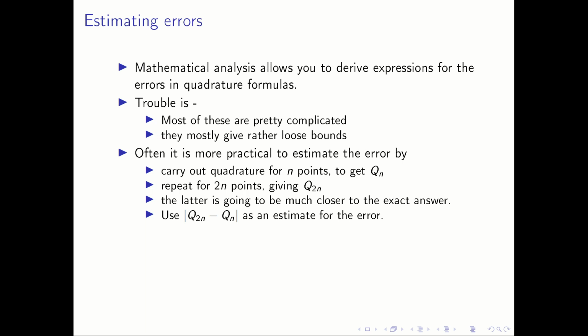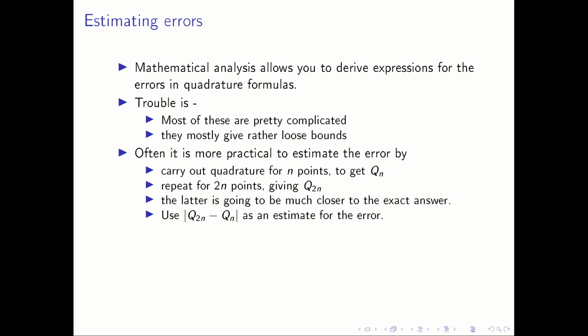Why do we need an estimate of the error? Well, for obvious reasons. We need to be able to know how confident we are of our result. Also, and this is really very important, we also need to be able to say whether we need to perhaps do the thing again.